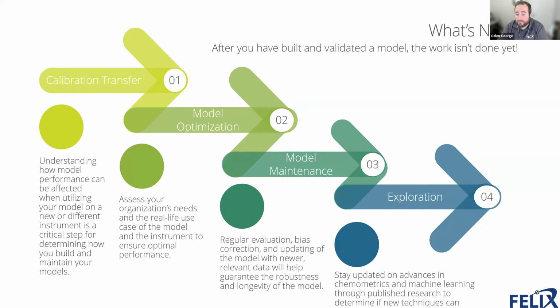Now, this is arguably one of the more important steps in all of this, because if you just build a model with one season's worth of data, let's use kiwi fruit as an example, and then you expect it to work every year, season after season, in the same way that it worked for that first season when you built the model, then you're going to be unfortunately disappointed, because a model requires you to continuously maintain it and update it with new data. That data needs to be relevant to and encompass any of the new variabilities that are going to be present.